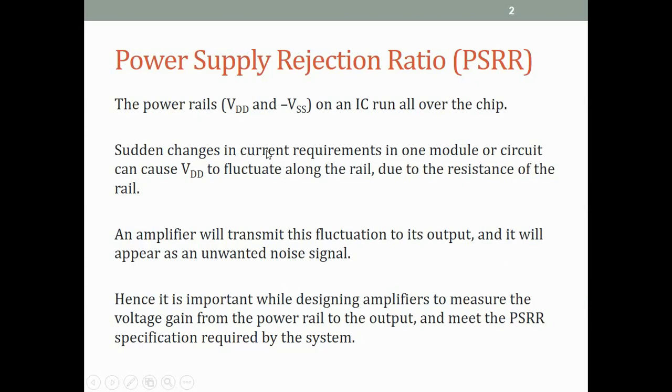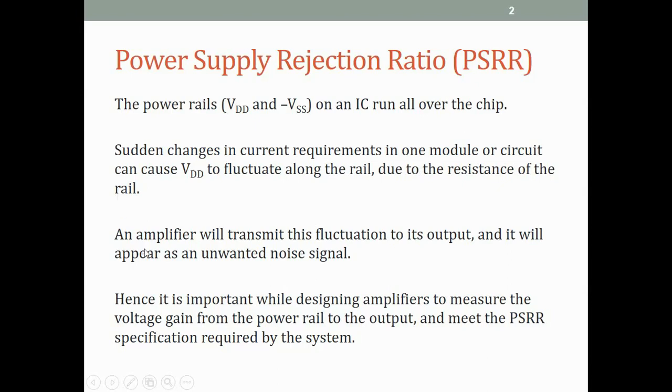And as the current changes, the VDD along the rail also changes because of the series resistance of the wire that is carrying the VDD. If the current changes, the IR drop across the wire changes, and VDD at specific points in the IC would change as a function of time.